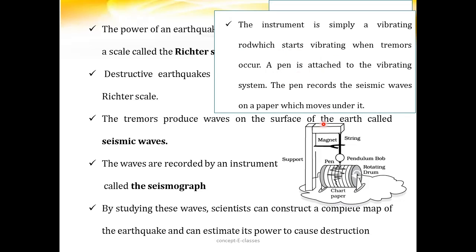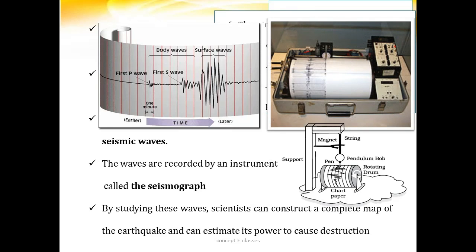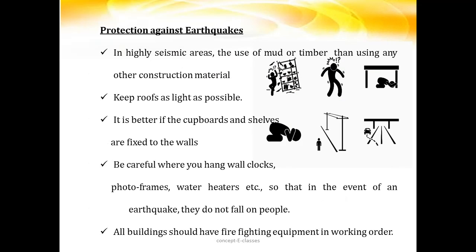A pen is attached to the vibrating system, and the pen records the seismic waves on the paper which moves under it. So this is a seismograph and this is a seismometer. So by studying these waves, the scientists can construct a complete map of the earthquake and can estimate its power to cause destruction.